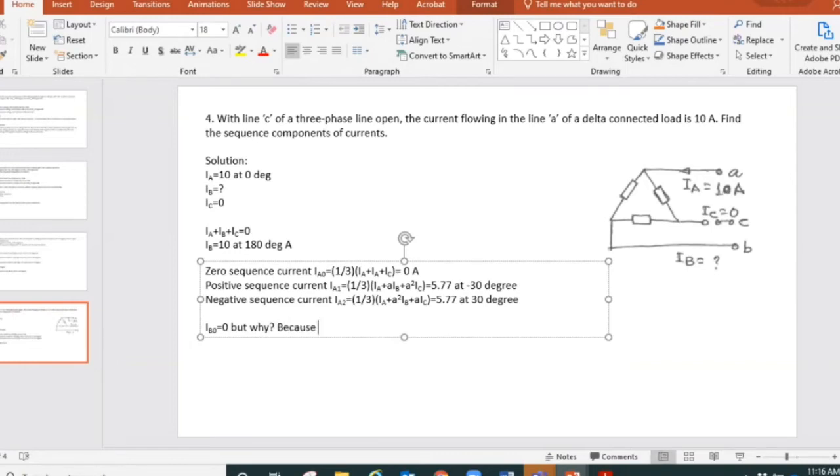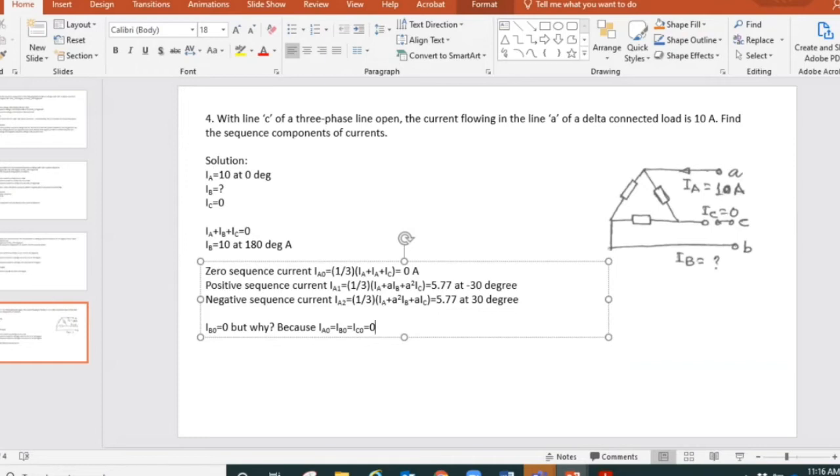Because we know that zero sequence currents are equal in magnitude. IB0, IC0 should be equal to IA0, because we have found IA0 is equal to 0. That's why we can say IB0 will be equal to 0. Therefore IC0, we find it in the same equation, that IC0 will also be equal to 0. Is that clear to everyone?